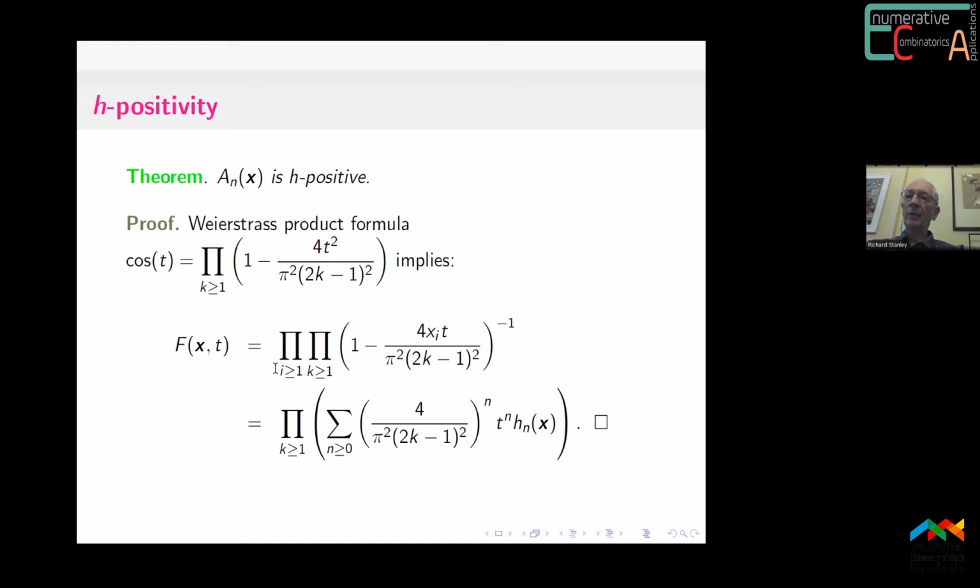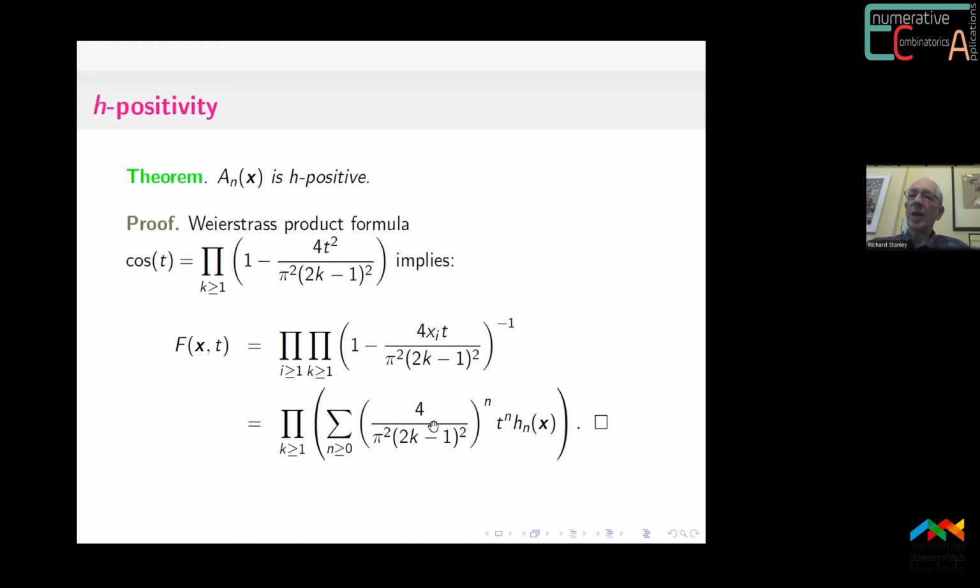And this product over this term in parentheses, 1 over this fraction inverse, is just a geometric series.